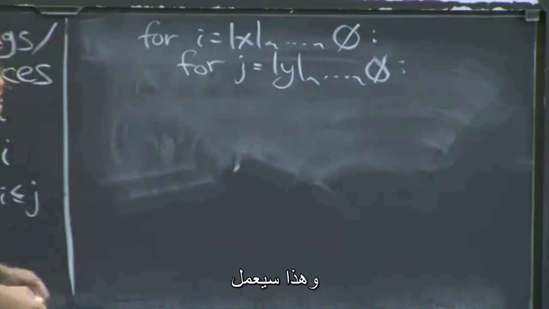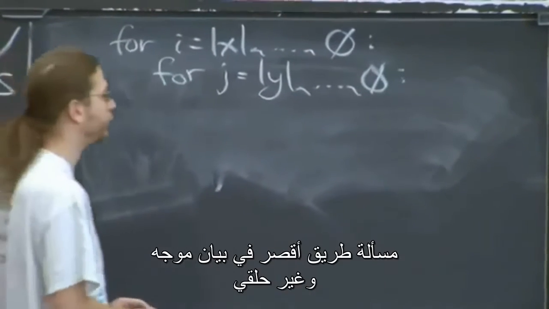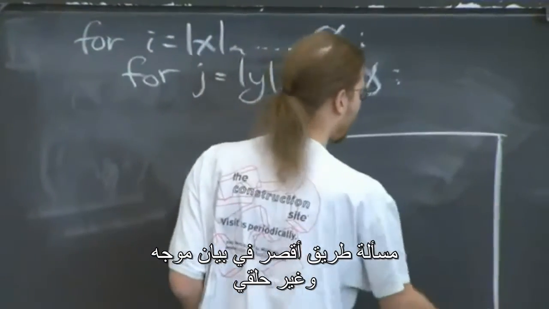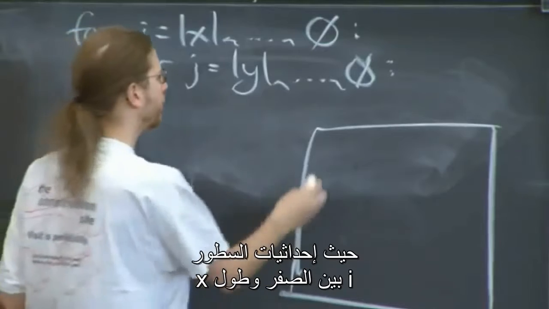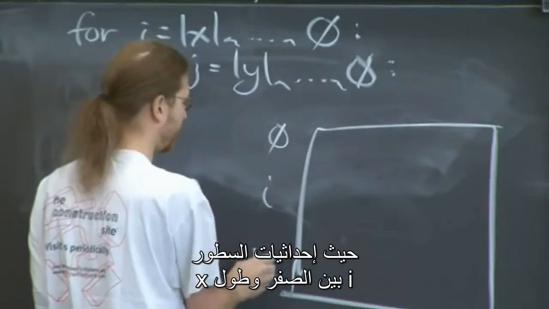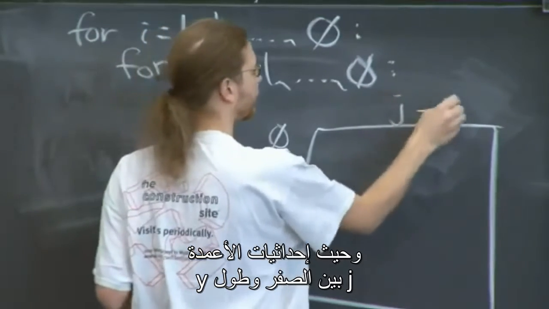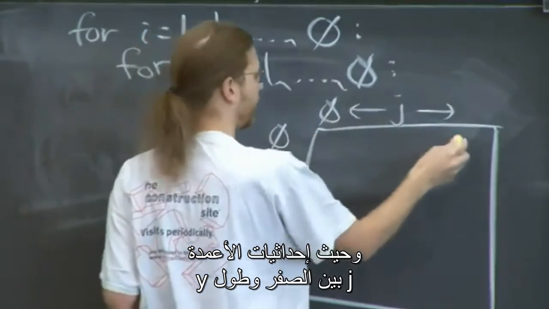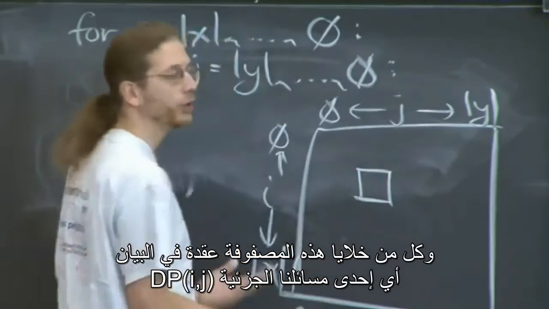And that will work. Now, this is another dynamic programming you can think of as just shortest paths in a DAG. The DAG is most easily seen as a two-dimensional matrix where the i index is between 0 and length of x, and the j index is between 0 and length of y. And each of the cells in this matrix is a node in the DAG.